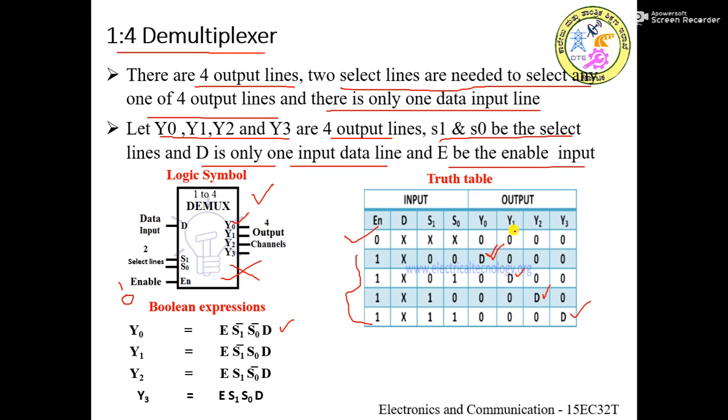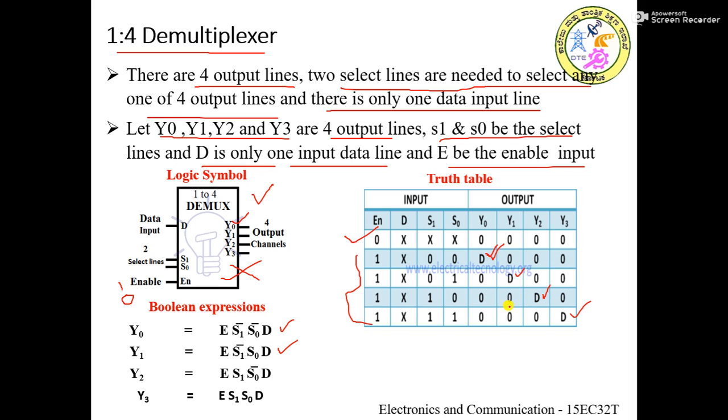Similarly for Y1, you can see here only for this combination it is D, it is not 0. Just multiply this combination, that is E, S1 bar, S0, D. That is the second expression.